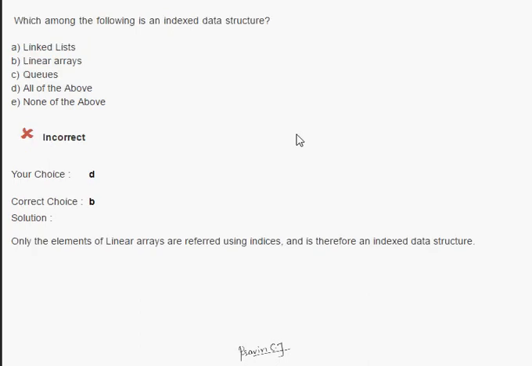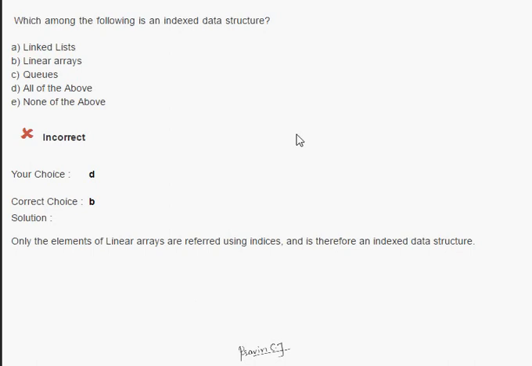The next question is, which among the following is an indexed data structure? Most important question. An indexed data structure is one where we are using indices. For a linear array we are using the index.